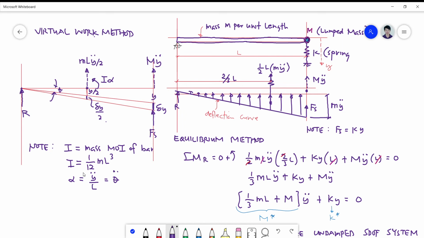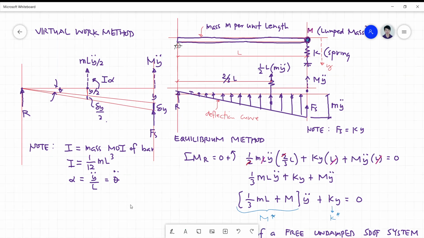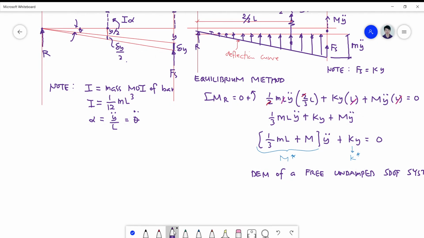So substituting all the values using the virtual work approach, we simply multiply all the forces with the virtual displacement.